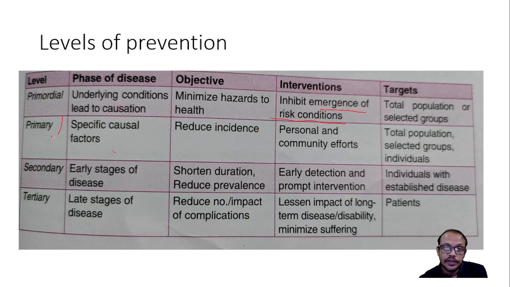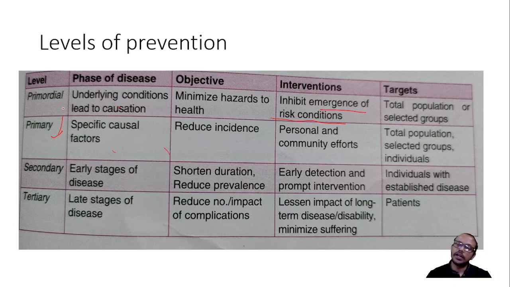For example, from birth you tell a child not to smoke. A child who is 3 or 4 years old has no risk factor because he is away from the risk factor. But if from early life you instill this health promotion in the child's mind so that he will not smoke in later life, that level is primordial.